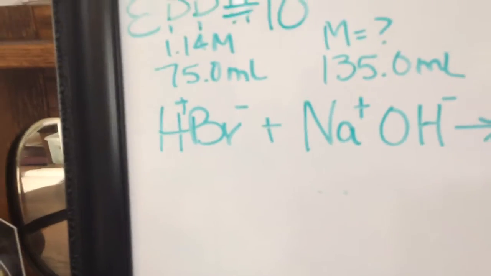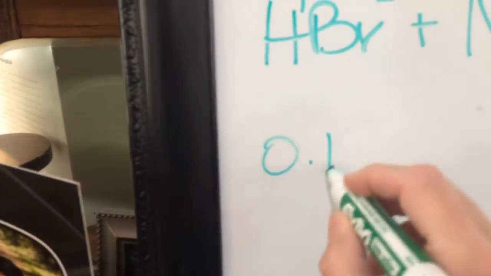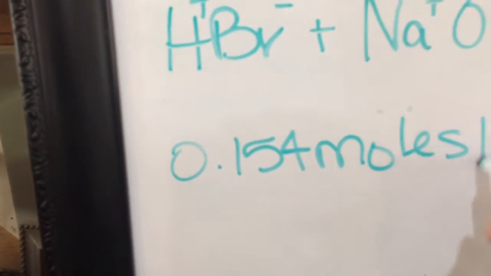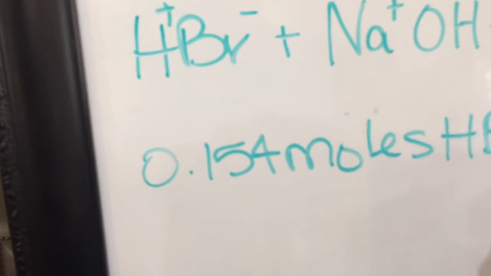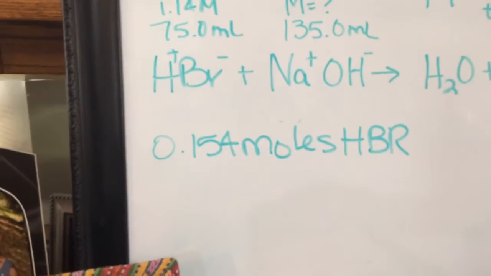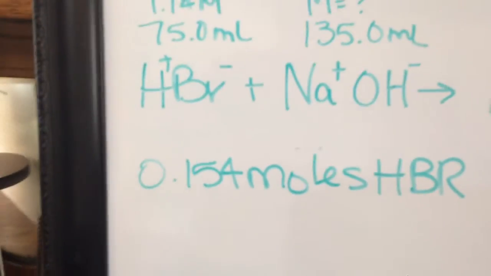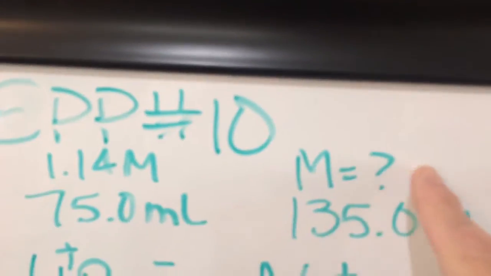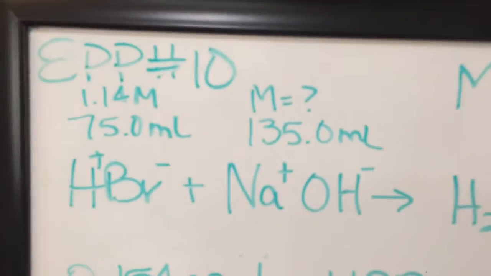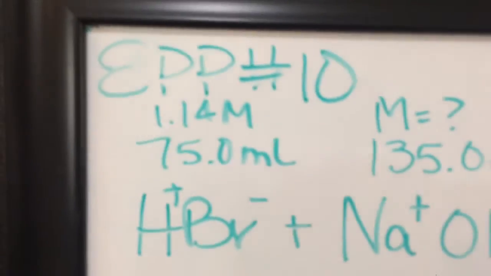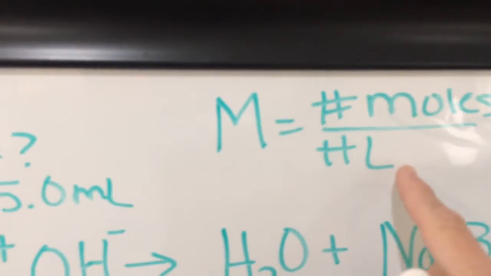Now remember, this is just like that other problem we were doing. It's just saying it in titration. So we have 0.154 moles of HBr. Now I know how many moles I have. Now what's the question? The question says, what is the molarity of this one? Well, can I figure it out? Sure. First thing we're going to have to do though, remember molarity is number of moles per number of liters.